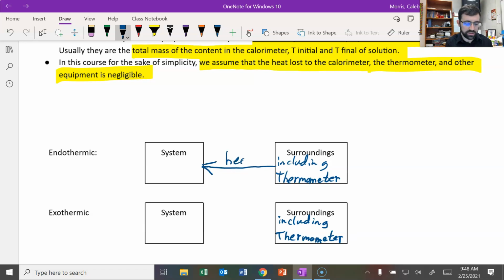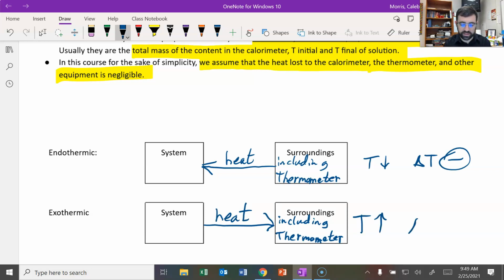This is the direction of heat transfer. The system is absorbing the heat, and the surroundings give it away. So that means that the temperature will go down, or we could say delta T is negative. If it's an exothermic process, it's just the opposite. The system releases heat to the surroundings. That means temperature will go up and delta T is going to be positive.